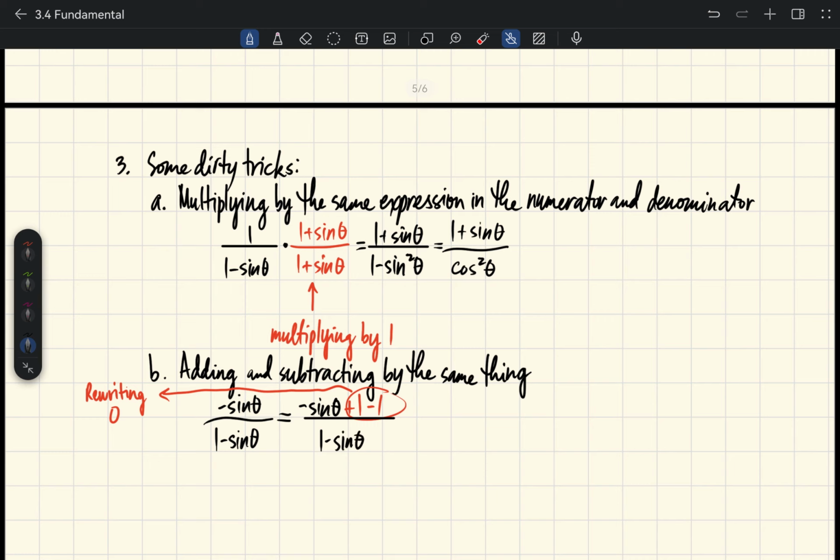And as you can see, by doing that dirty trick, you have 1 minus sine theta in the numerator. So 1 minus sine theta all over 1 minus sine theta becomes 1. And you're left on the other side with 1 over 1 minus sine theta. So as you can see, just by adding and subtracting, you get an entirely new expression again.